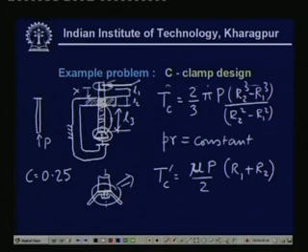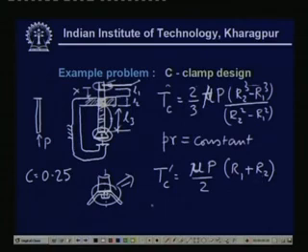Now, let me make a small correction here. I wrote pi, but this should be mu, as you can very well see, because it depends on the coefficient of friction. Therefore, Tc prime, that is the torque required to overcome the collar friction under the condition of uniform wear, is given by this form. Then it is very easy to check what happens if R1 is very small.